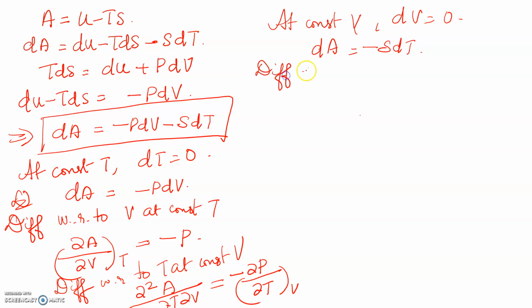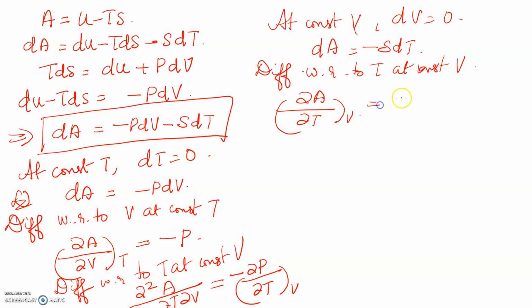Differentiating with respect to temperature at constant volume, we can write ∂A/∂T at constant volume is equal to minus S. Now we have to differentiate again, interchanging the variables.